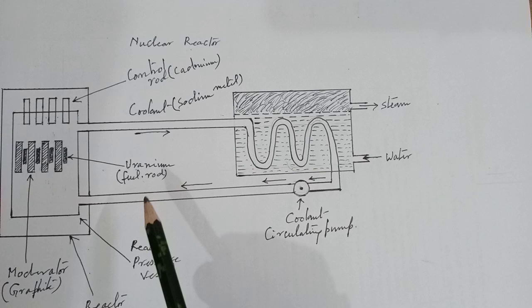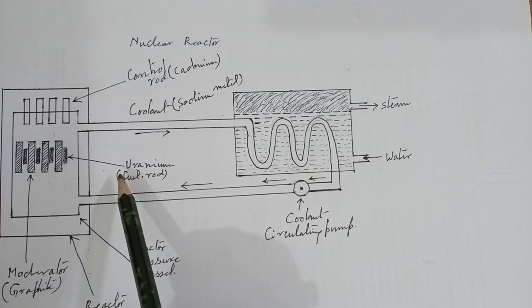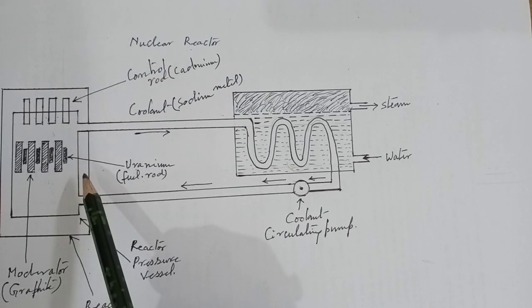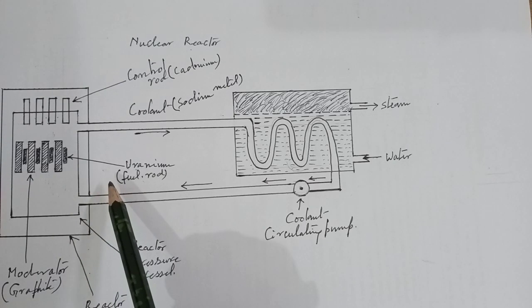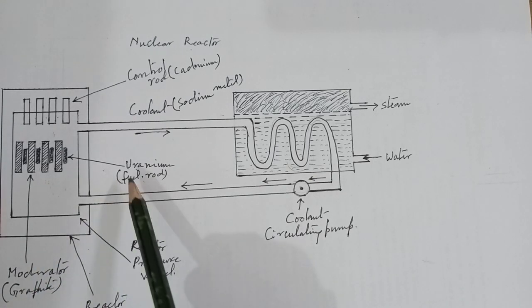The fuel rod consists of the fission materials and releases huge amount of energy when bombarded with slow moving neutrons. The moderator consists of graphite rod which enclose the fuel rod.